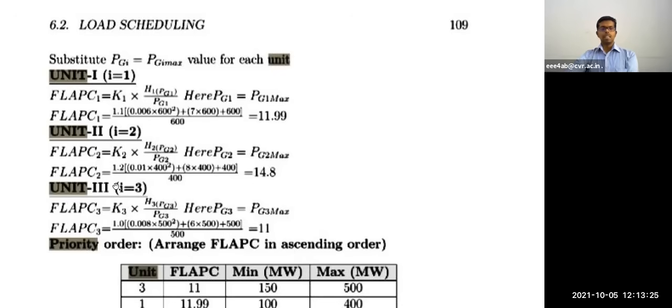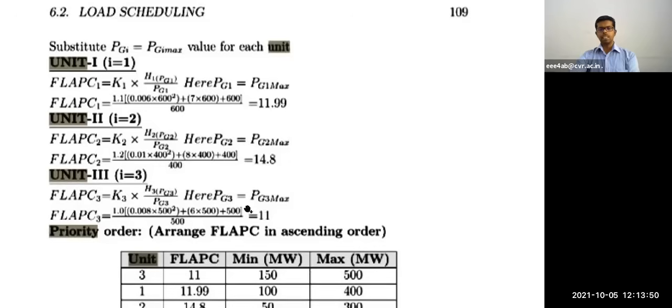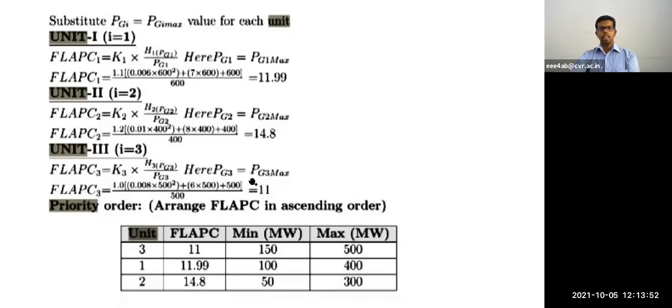Similarly for unit 3, I is equal to 3. FLAPC 3 is equal to K3 into H3 of PG3 divided by PG3. Here we need to substitute PG3 as PG3 maximum, that is 500 megawatt, already given in the problem.